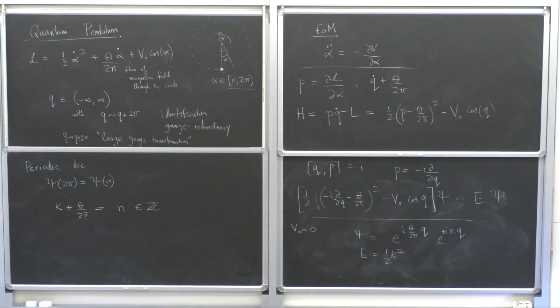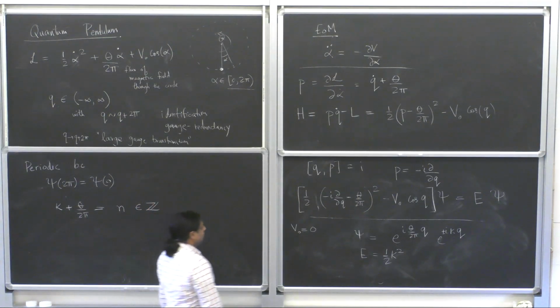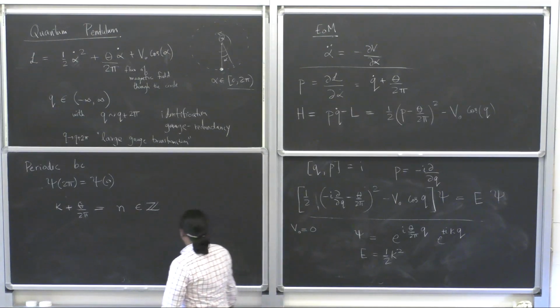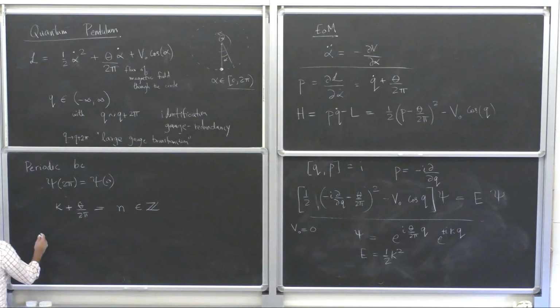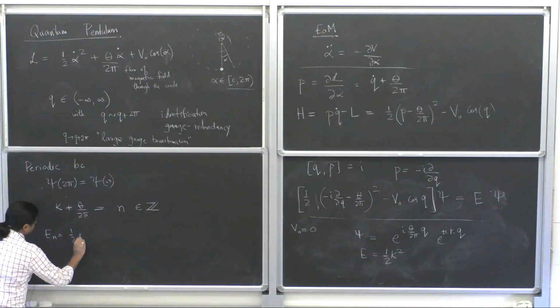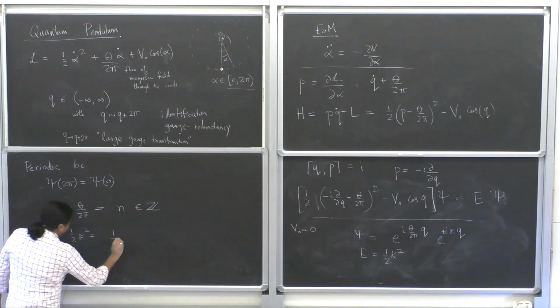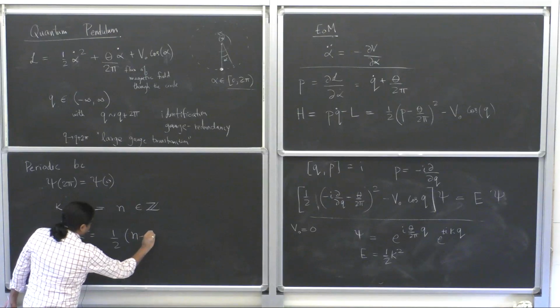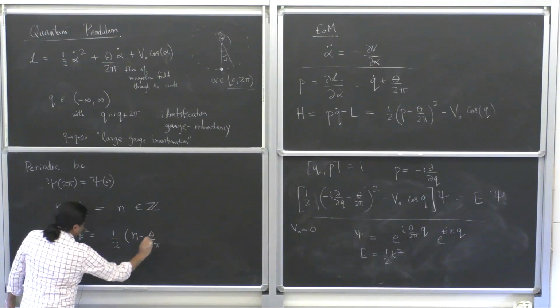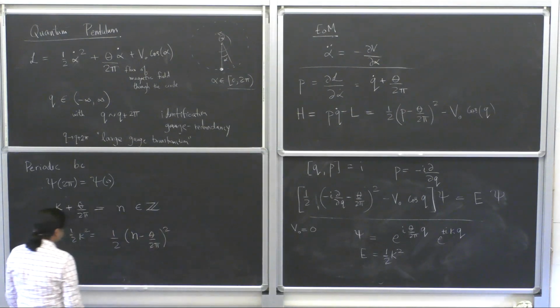That will ensure that psi is periodic. The other solution will be thrown away, and so our energy eigenvalues, which were half k squared, are now half of n minus theta over 2 pi, squared.